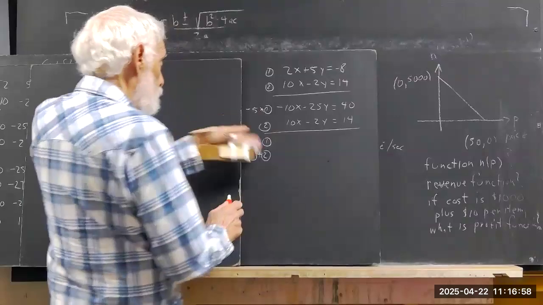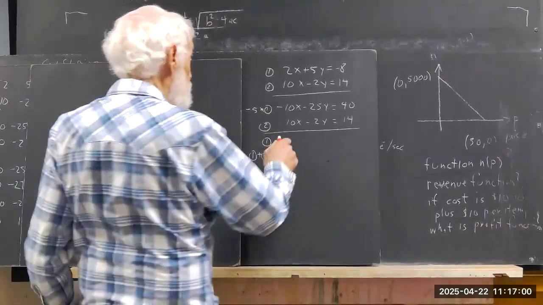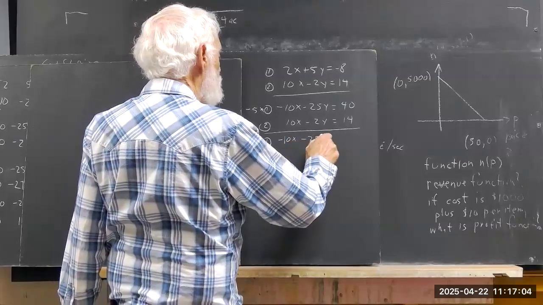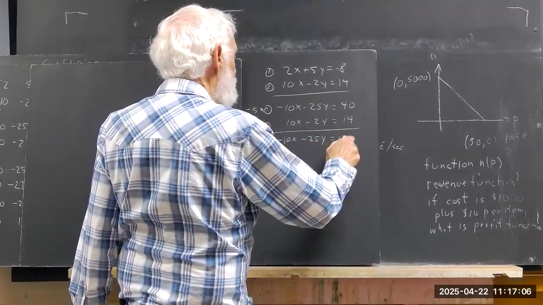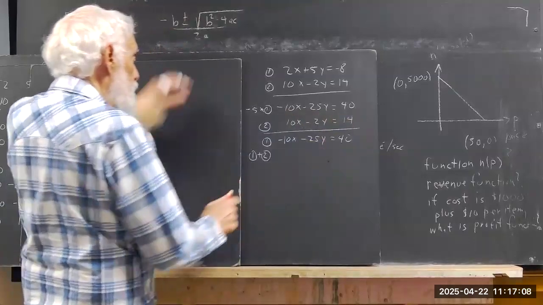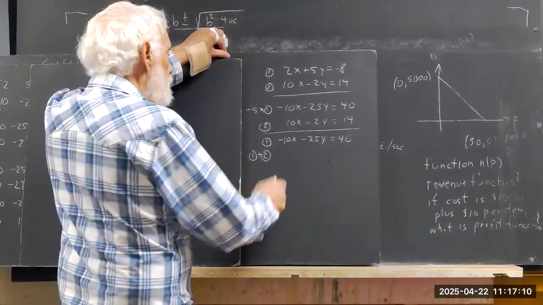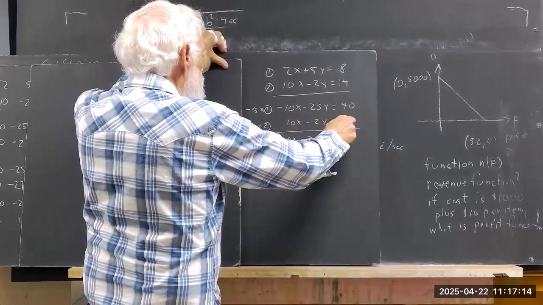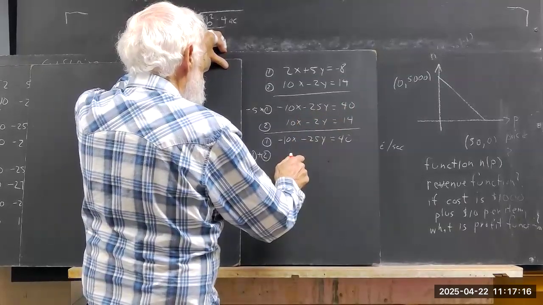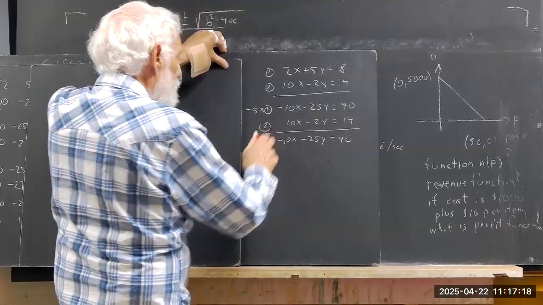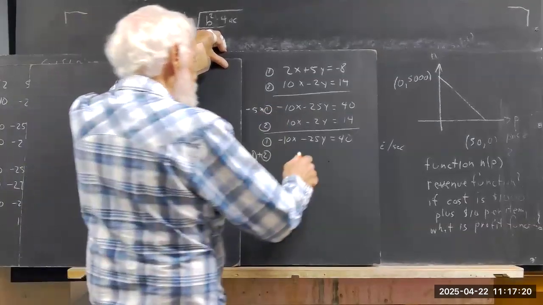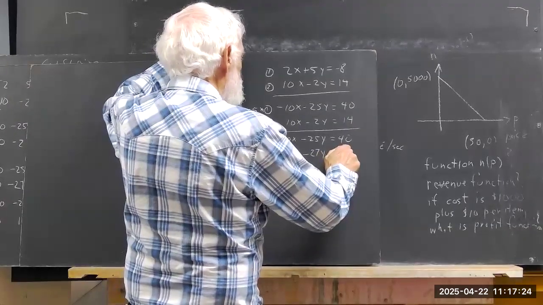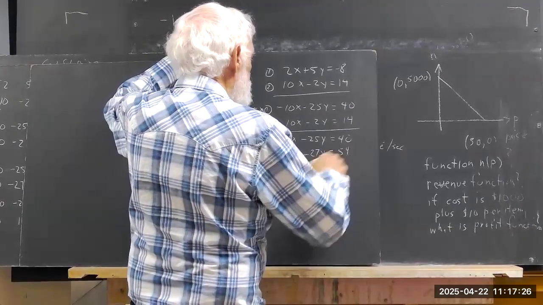Equation 1, I look back to the previous step, that's where equation 1 is. And I write down that equation. Then I add the two equations. And I'm going to get -10x and 10x, that's 0. And I'm going to get -27y equals 54.